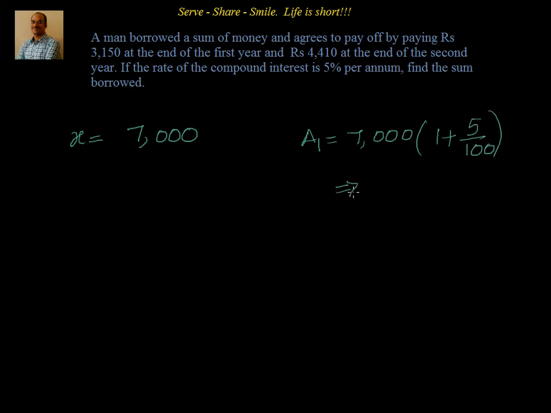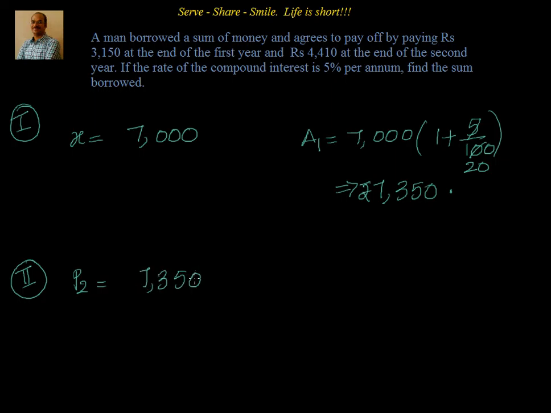If you simplify that, that will be nothing but 7000 into 21 by 20, or 7350 rupees. That's the amount at the end of the first year. So ideally when I go to the second year, the principal should be 7350, but my principal will now be 7350 minus the amount already paid, that is 3150. So the principal becomes 4200.